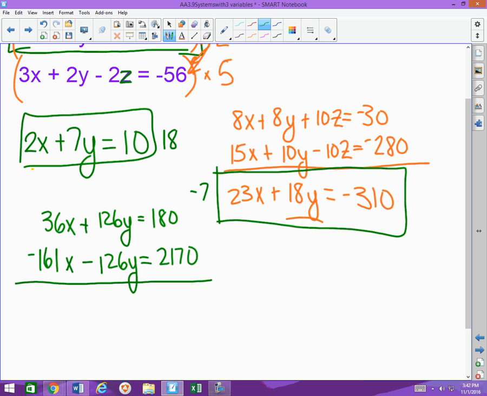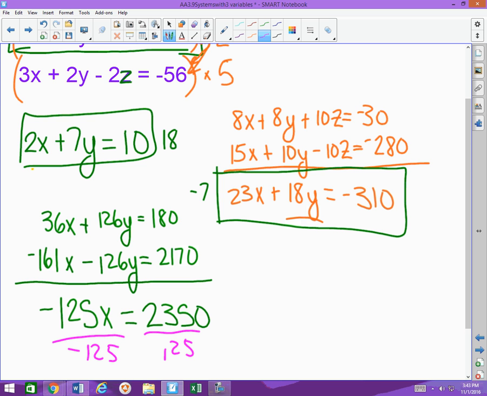Draw our line and combine, and let's try adding this time. So that would be a -125x equals 2,350. Now we can solve for x by dividing by a -125.